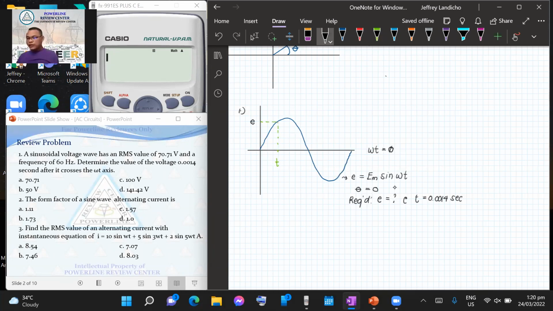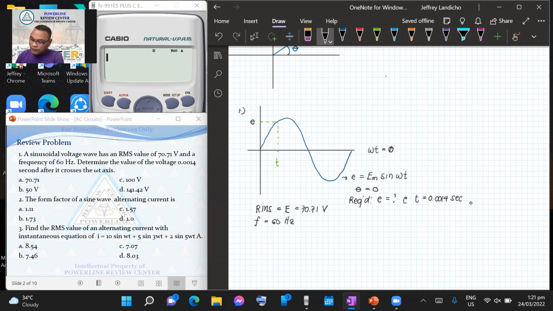So para masolve natin yan, kakailanganin natin yung maximum value. Eh anong binigay? Based sa problem, the RMS value of this given voltage, capital letter without subscript, represents the RMS value, which is equivalent to 70.71 volts, wherein the frequency is equal to 60 Hz.